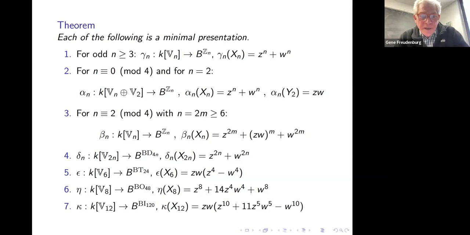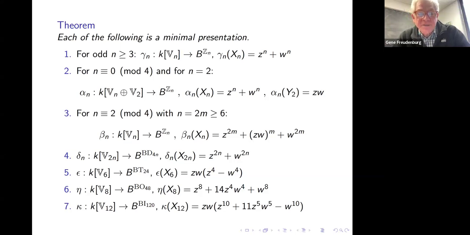And then for the binary dihedral groups, I need V_2n, mapping using the mapping to delta_n, which is different than the one used above.